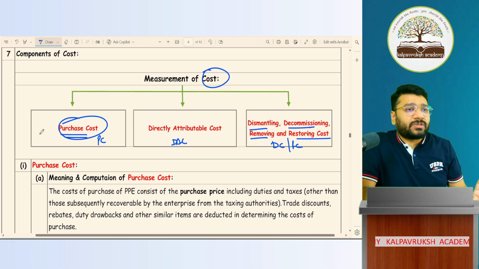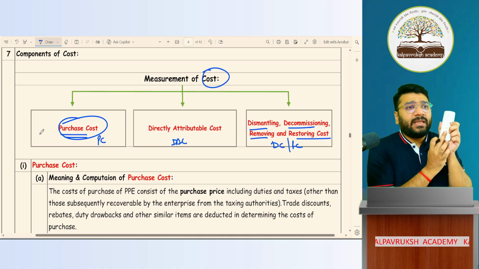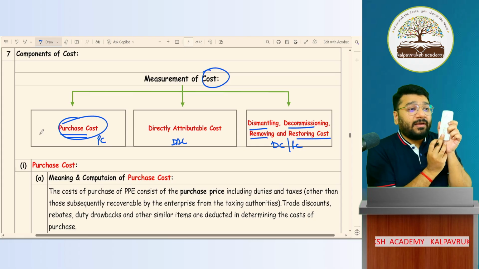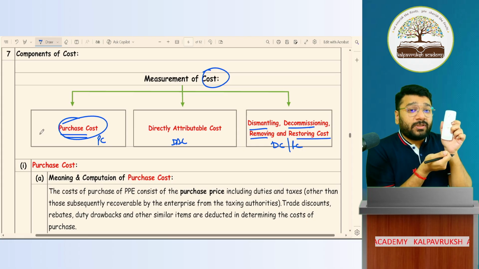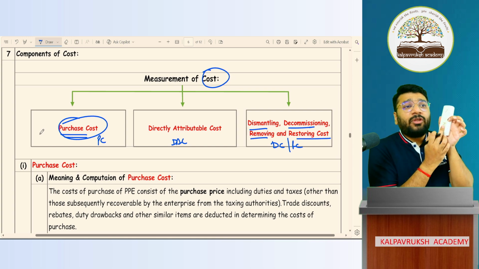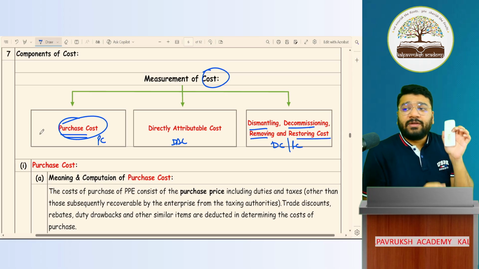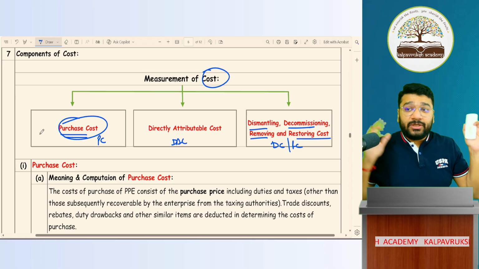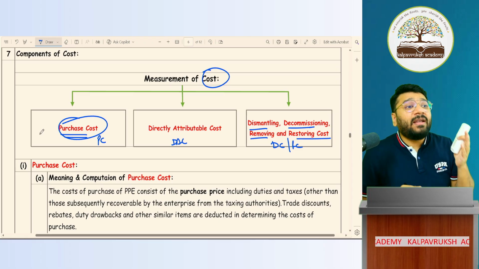Okay, not okay? Okay. First is purchase cost. If I'm buying this asset, what is the purchase cost? The money that you paid to the supplier, the value that you promised to pay to the supplier, that is the purchase cost. Now, how do you finalize this value? First, you would have been given one gross purchase price. Since the machinery value is huge, you would have bargained and asked for a trade discount or rebate.